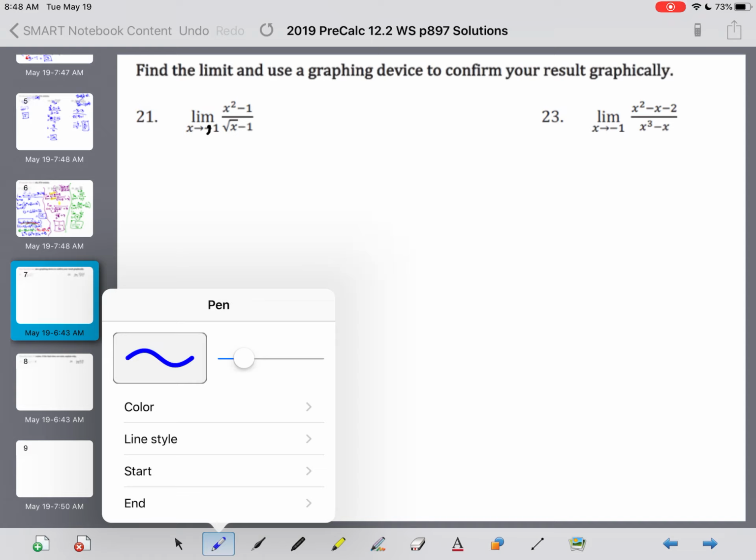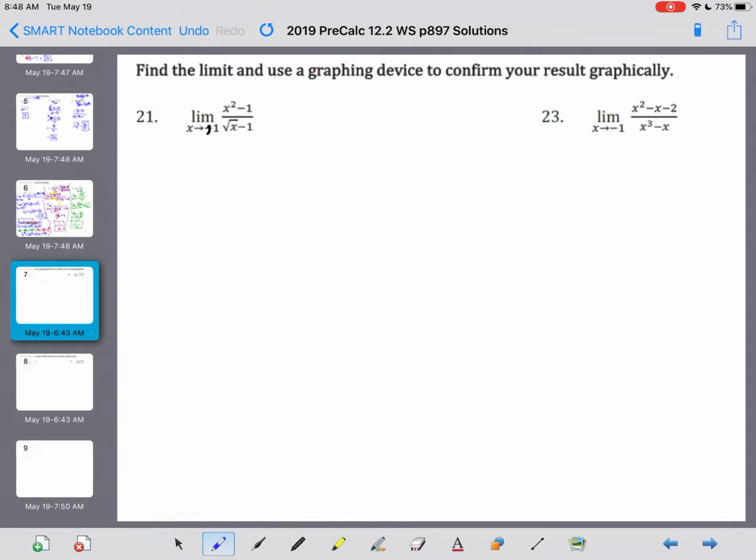So with this first one here, with number 21, we want to deal with the denominator. We want to rationalize that. And so I'm going to multiply by the square root of x plus 1 and the square root of x plus 1, top and bottom respectively here. So that means I have the limit as x approaches +1.